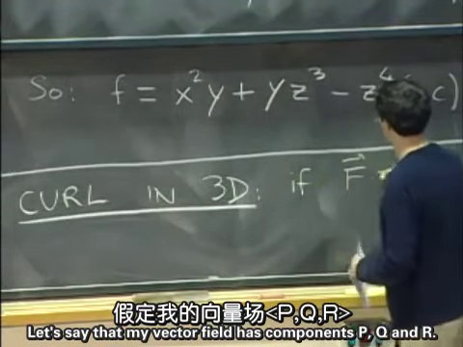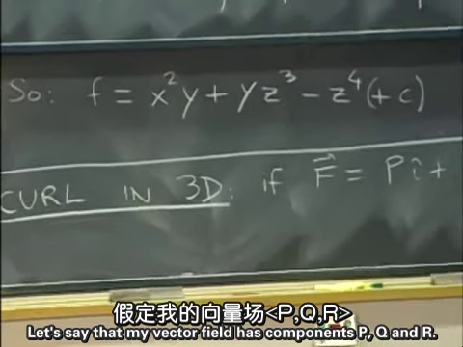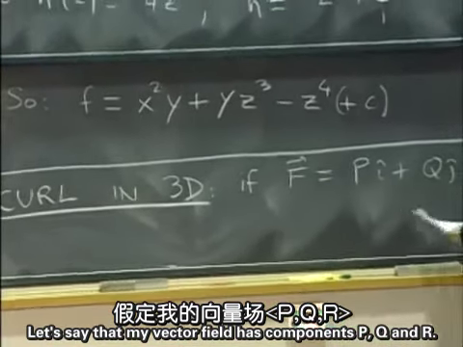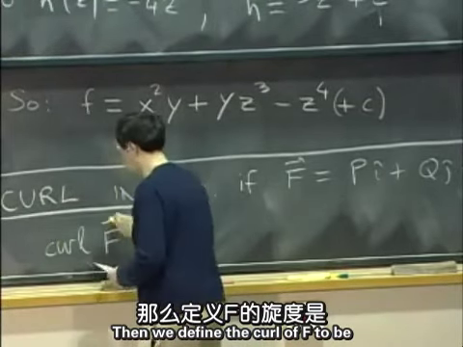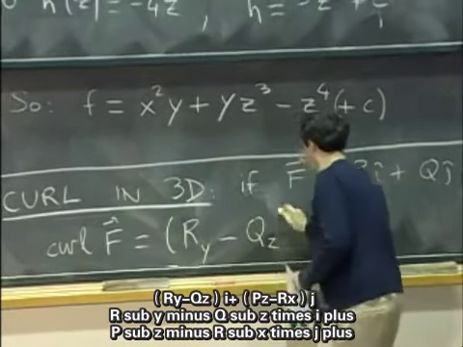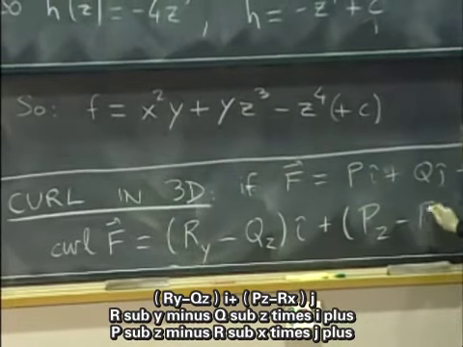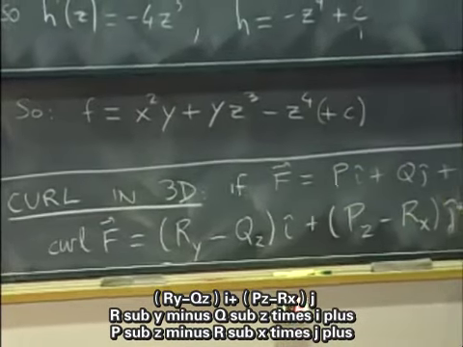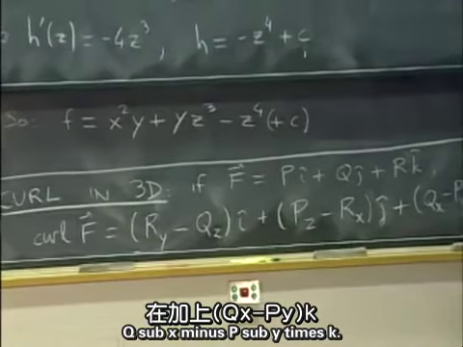Let's say that my vector field has components P, Q, and R. Then we define the curl of F to be R sub y minus Q sub z times i plus P sub z minus R sub x times j plus Q sub x minus P sub y times k.